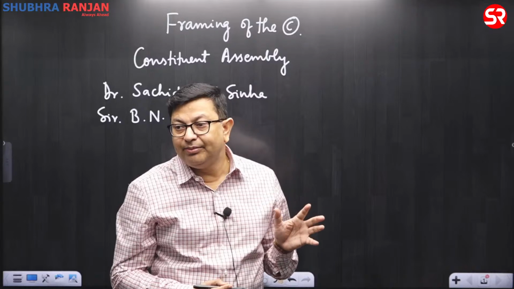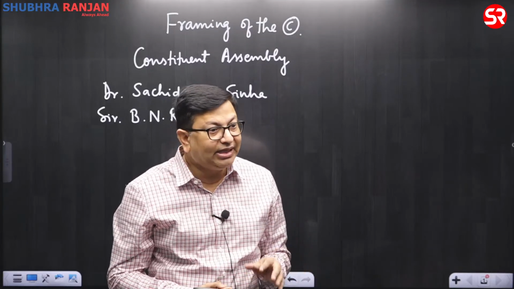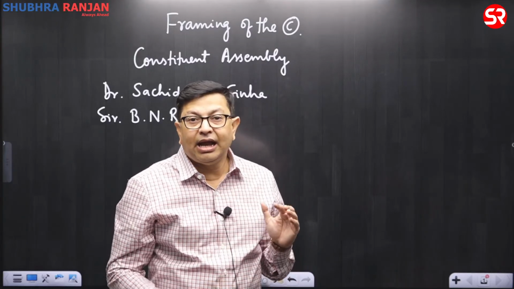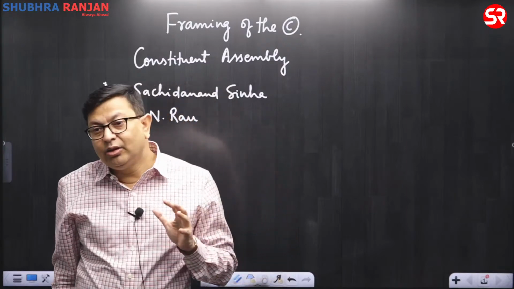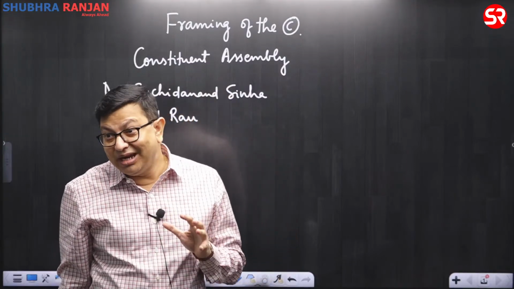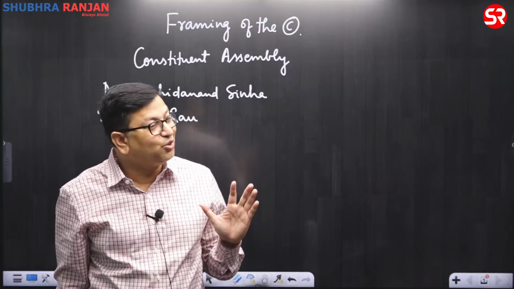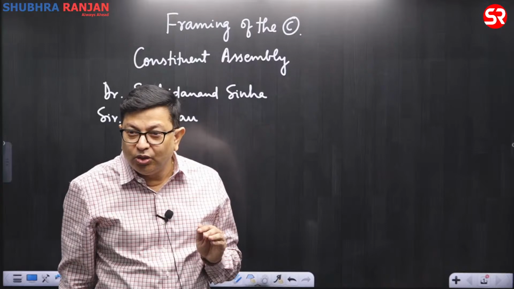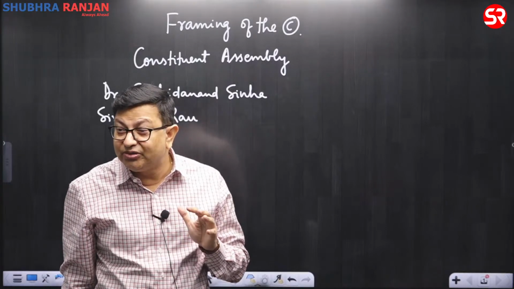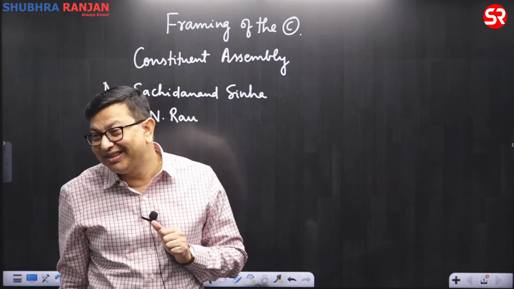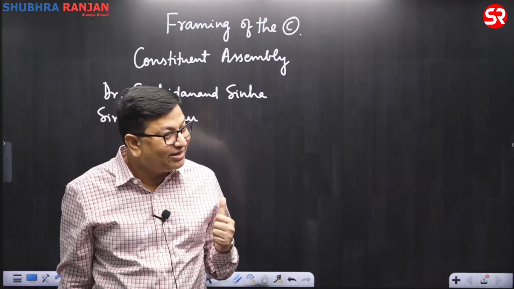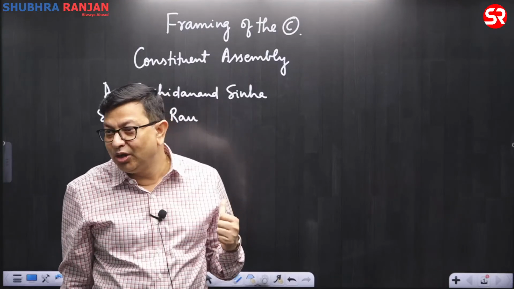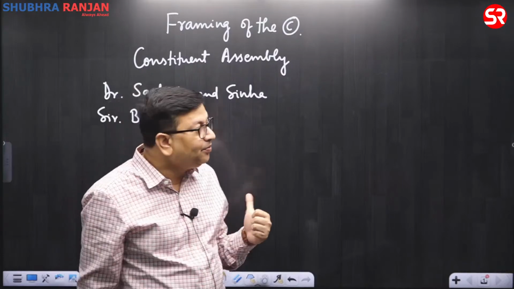So he was not a member of the Constituent Assembly, but he was the legal advisor, and he was the man who really worked behind the framing of the Constitution. He was the person who had gone through almost all the constitutions prevailing at that point of time, and he used to give advice. He is an unsung hero of the Constituent Assembly.